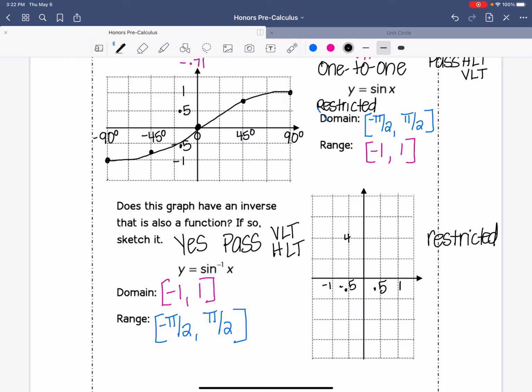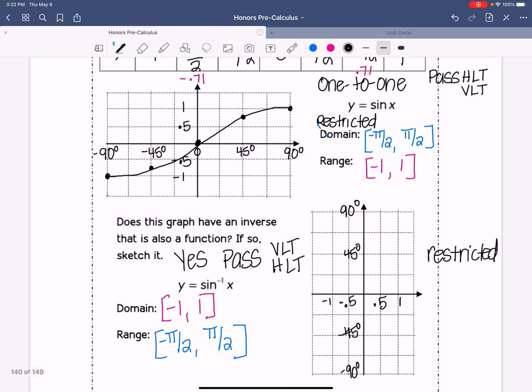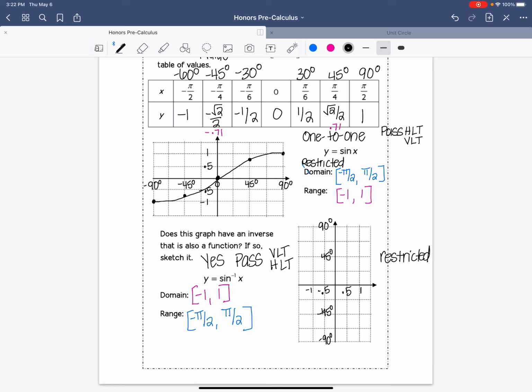Then 45 degrees, 90 degrees, negative 45 degrees, and negative 90 degrees. We're going to take the table we had earlier and flip-flop them, so these switch places. My x becomes my y and my y becomes my x.